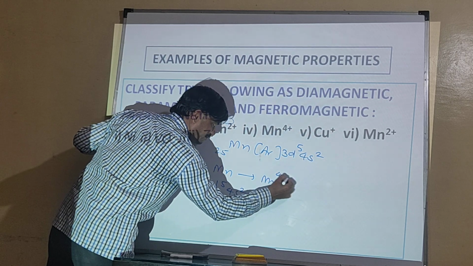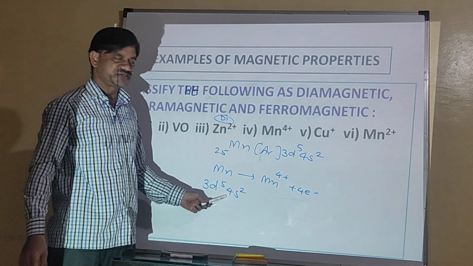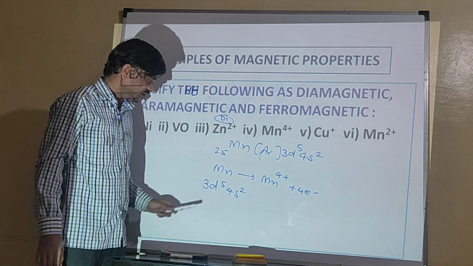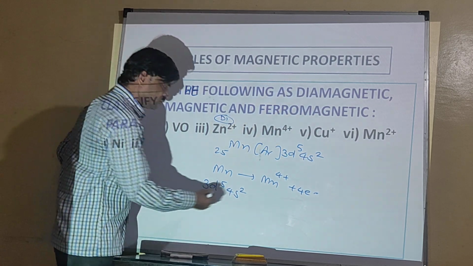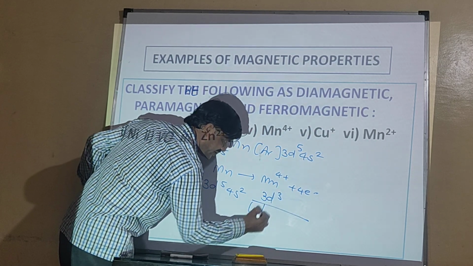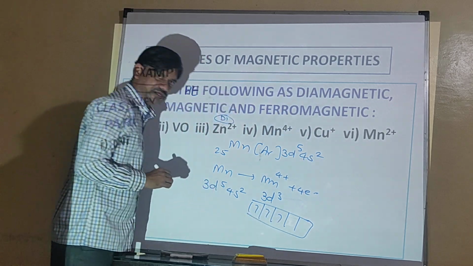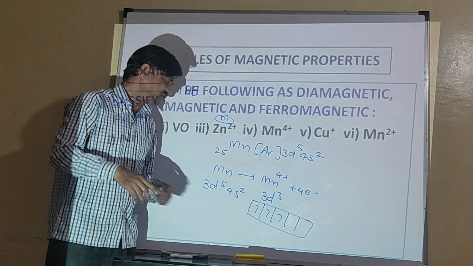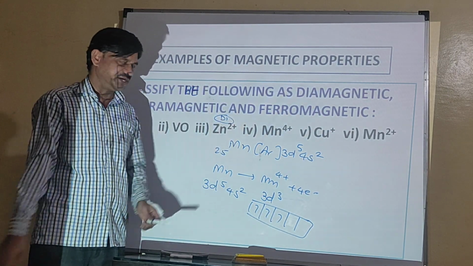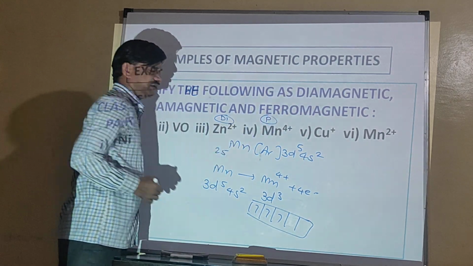It forms Mn+4 ion by losing 4 electrons. How are 4 electrons lost? 2 from 4s, the remaining 2 from 3d. So what remaining configuration are you getting here? 3d3. Tell me what happened in the 3d orbital? 1, 2, 3. How many unpaired electrons are there? 3. So it is attracted in a magnetic field. It is again found to be paramagnetic in nature.